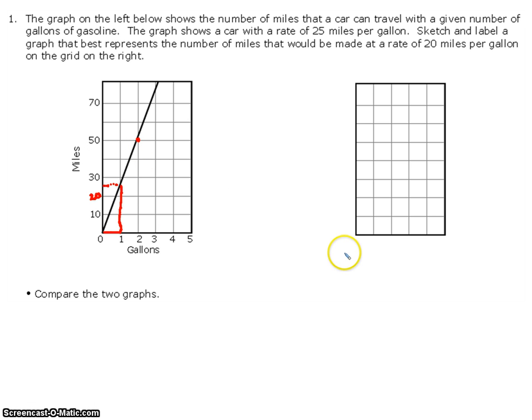So they're asking us to create on this graph over here one that would go 20 miles per gallon. So we're going to start with the same labels. We're going to have 1, 2, 3, 4, and 5. And just like before, that's going to be our gallons.